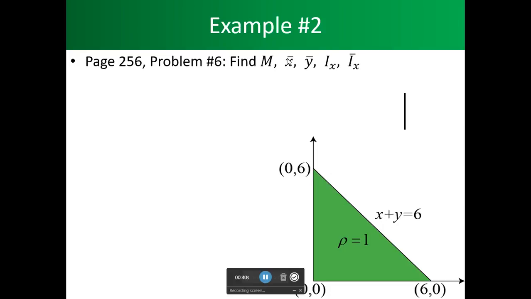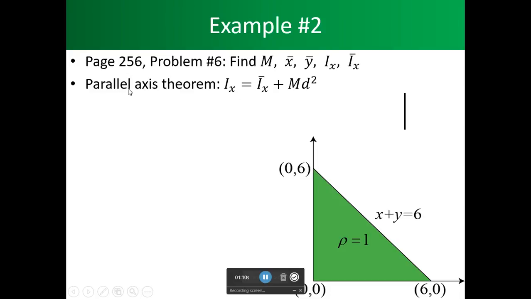We need to find m, the mass, the vector x, the vector y, the scalar moment of inertia x, and then the vector moment of inertia x. Now we're going to denote the moment of inertia vector in bold, okay? I don't have something to go over top of it, so that we don't get them confused.